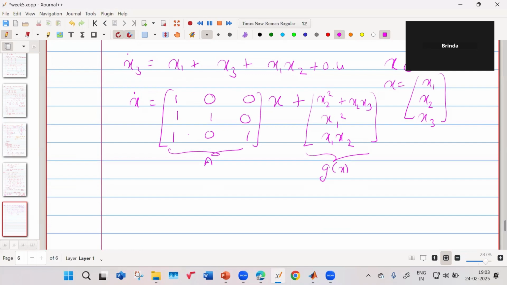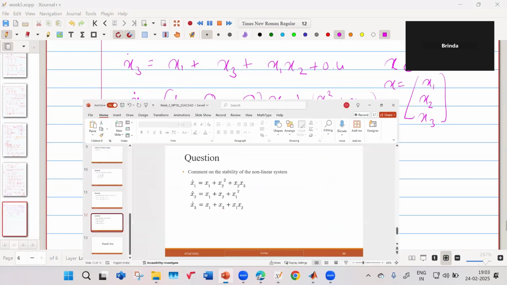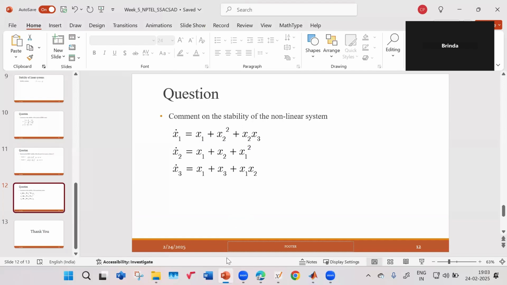So if you remember, sir had told that the nonlinear system can be written as A of x plus g of x, so into a linear part and a non-linear part, right? Okay. So any questions in this till now? No, sir. Okay.